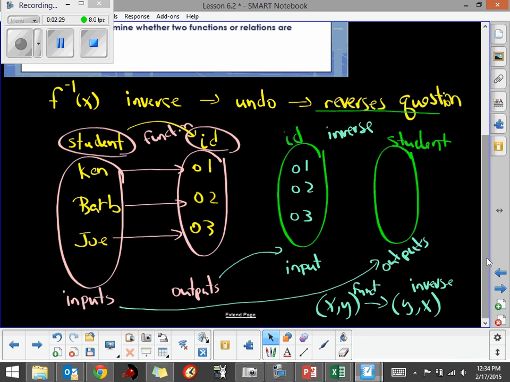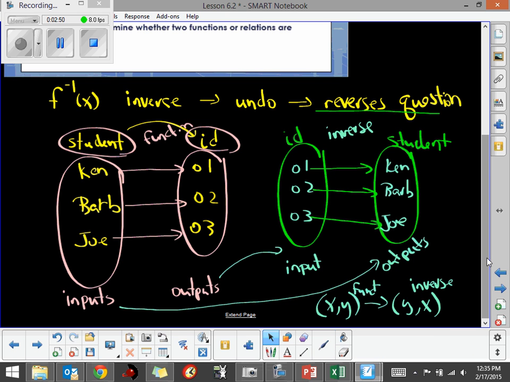So now it's going to come back and it's going to say, well, I still got the people that are Ken, Barb, and Joe. And if we ask the question, what if the ID number is 03, what student had the ID number 3? We want it to come back and give us Joe. And if I give you the ID of 2, that should bring back Barb, and 01 should be Ken.